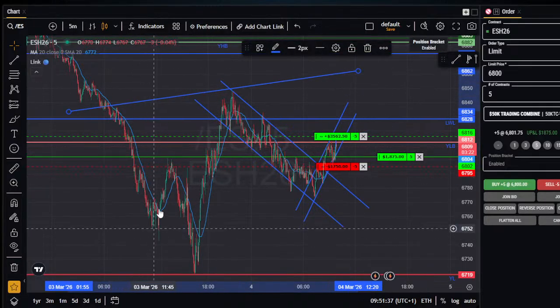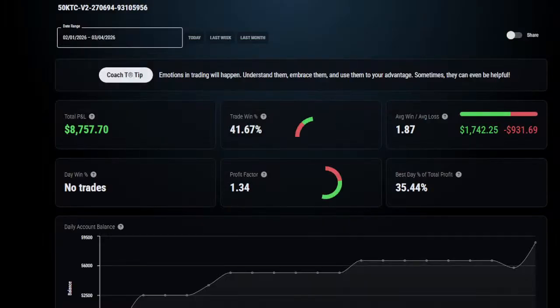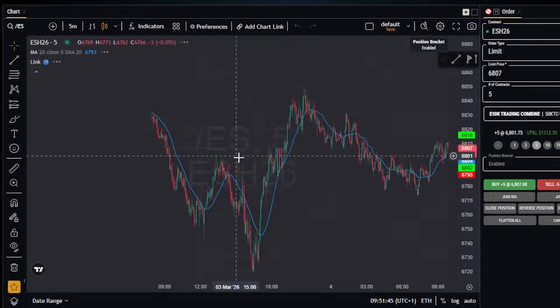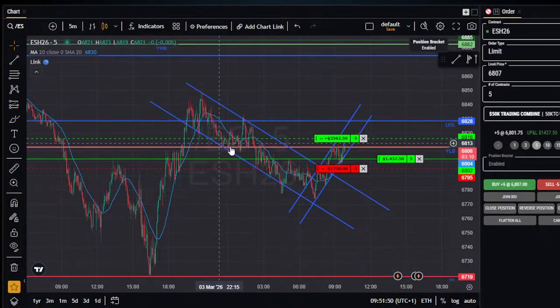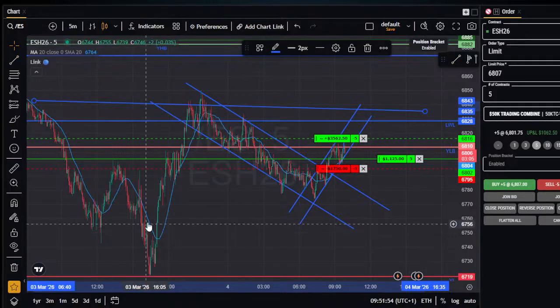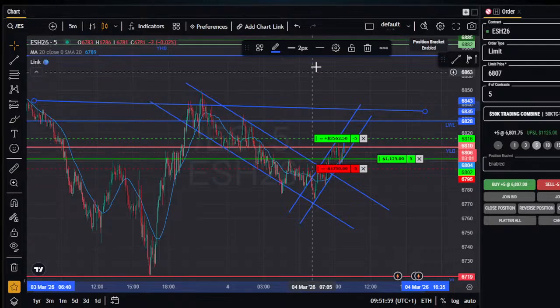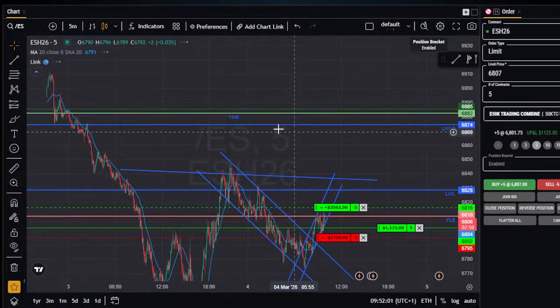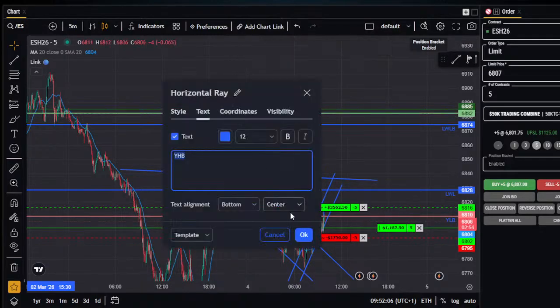This one's out of effect because of the left shoulder and head, and I consider this a right shoulder. But this one would probably be in effect up here. It could be a double top or a cup and handle, and if we break out here, then we would break up possibly into the upper trading range and probably form some kind of higher low.